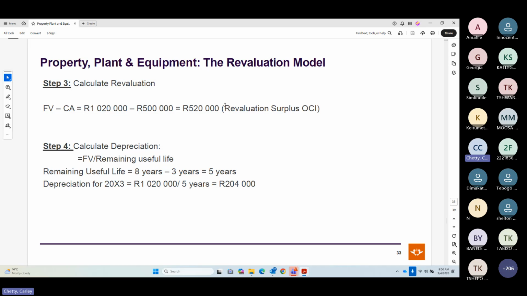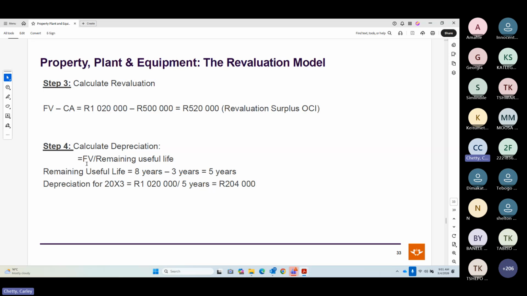So by processing this journal, the value of the plant is now going to be recorded at fair value of 1,020,000.